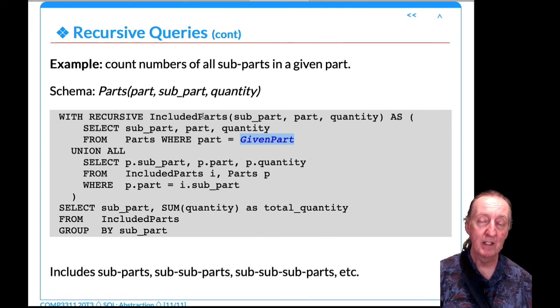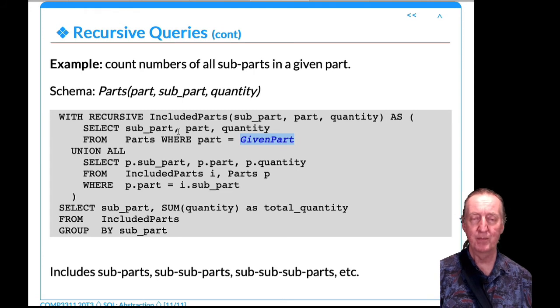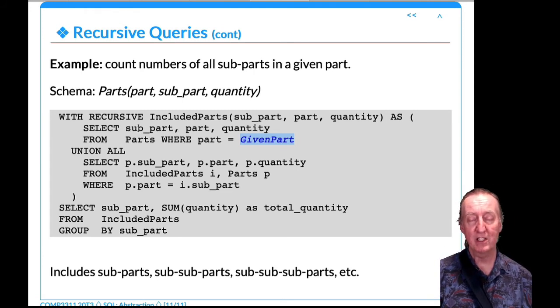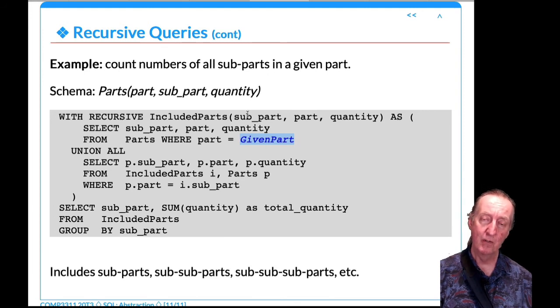Our included parts gives us a subpart, a part, and a quantity. Notice that we've reversed the order there. First thing we do is grab the immediate subparts, and that becomes our initial working set, or our initial result set. So all of the immediate child parts of the original part, and we get the quantities of each of those.